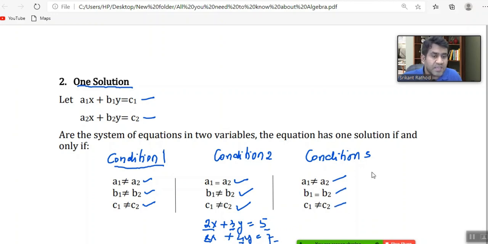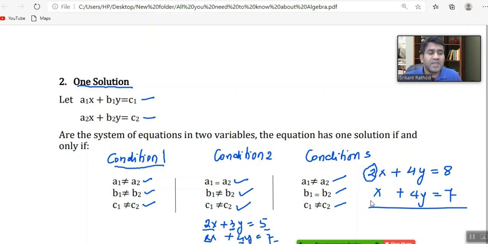For example, I can write 2x plus 4y equals 8, and x plus 4y equals 7. In this case the coefficient of x here is 2 and the coefficient of x here is 1.